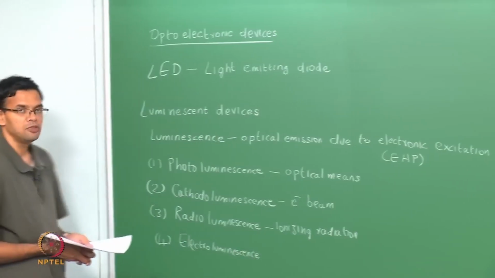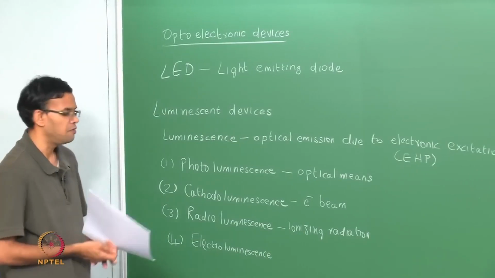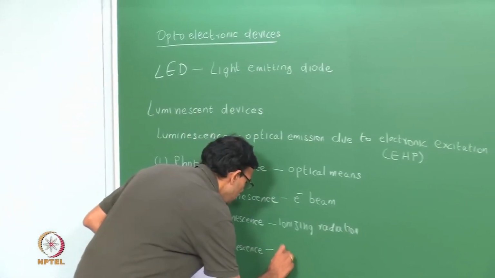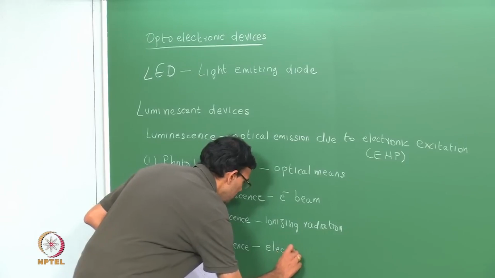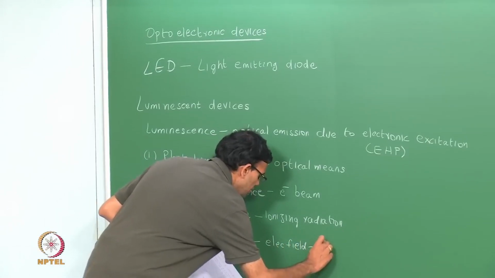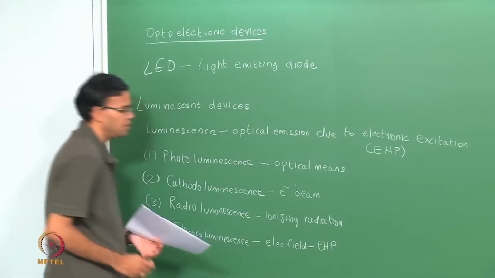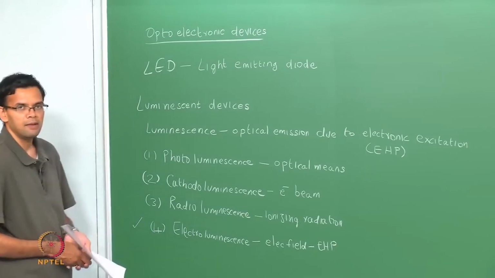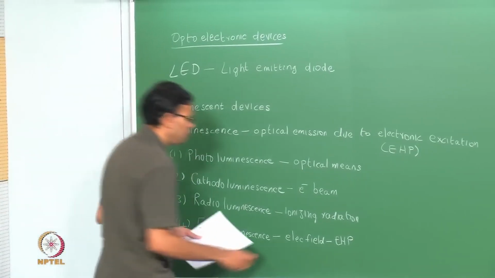In which case you use an electric field or an external field in order to create an electron hole pair. So, an electric field creates the electron hole pair, and an LED is an example of an electroluminescent device.